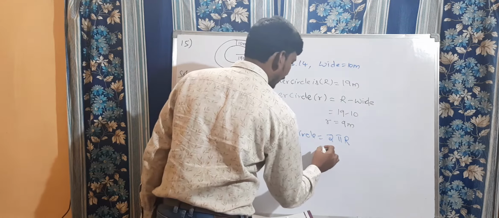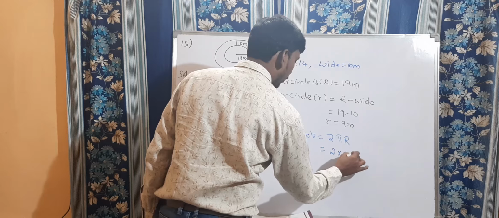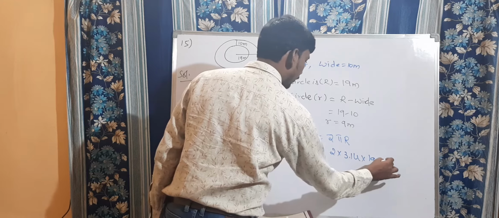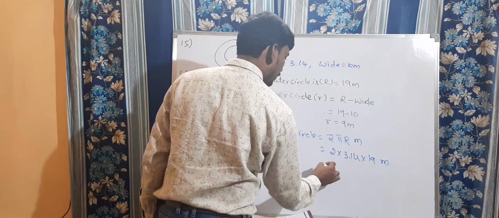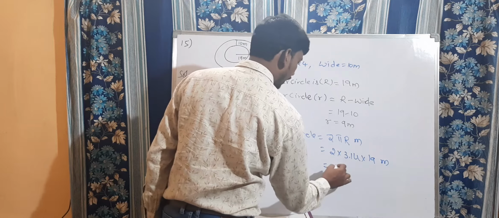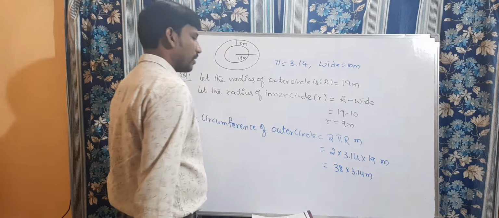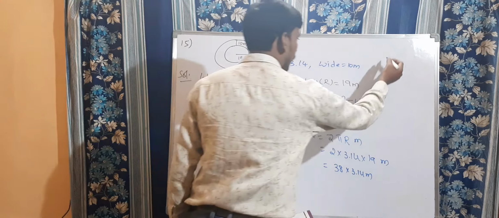So now we need to substitute the values: 2 into 3.14 into capital R, which is 19 meters. Okay, now which implies 2 9s are 38 into 3.14 meters. So now we just multiply those two values, we will get the answer.